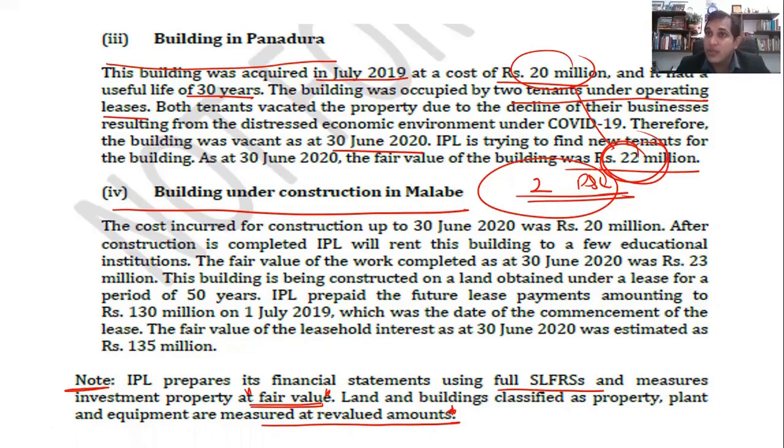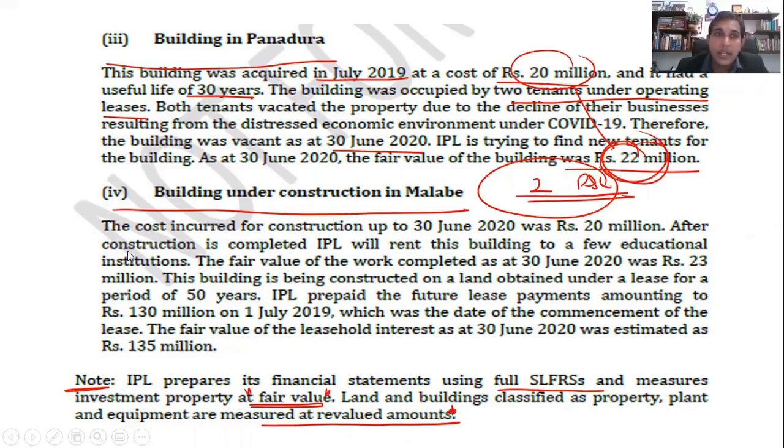I already told you, even though that is in construction stage, we need to see the purpose of constructing, right? Whether administrative purpose, whether production purpose, or renting purpose. So their intention is to rent it out. So even though that is in construction stage, this could be identified as an investment property, right?